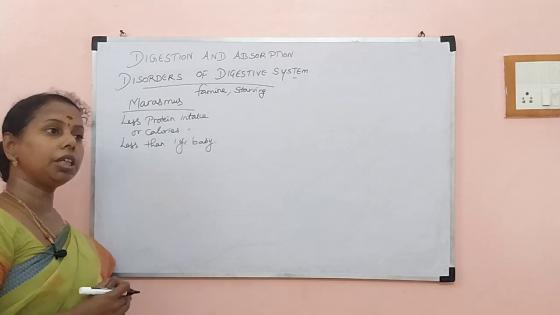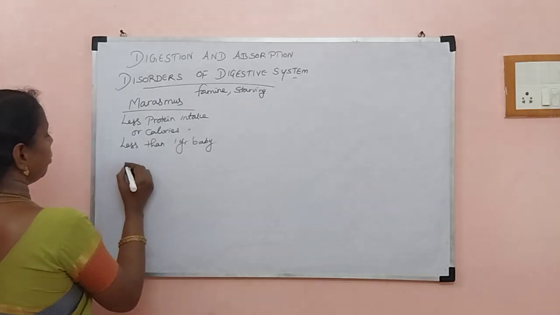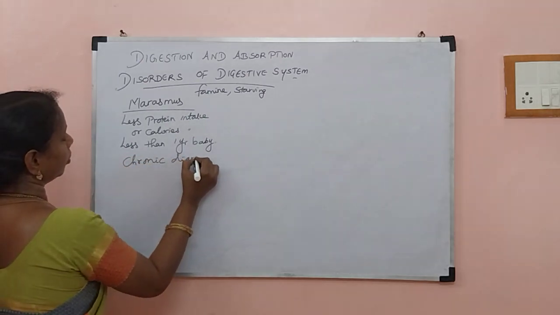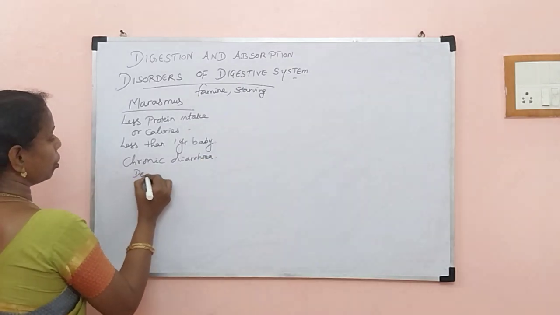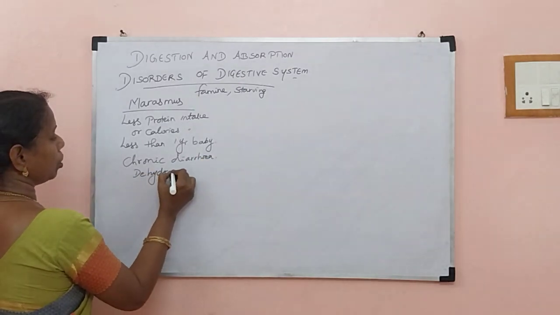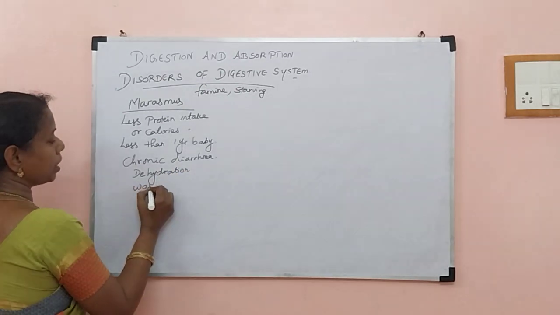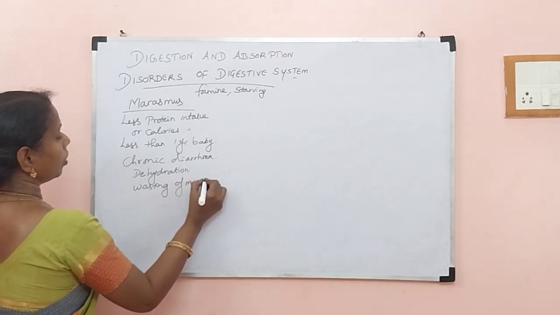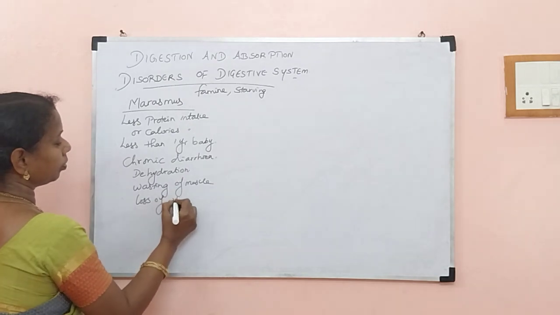So what are the symptoms we can diagnose in these babies? They'll have chronic diarrhea. When they have chronic diarrhea, of course, the next problem that arises is dehydration, and wasting of muscle. When muscle is not there, of course, there is loss of weight.